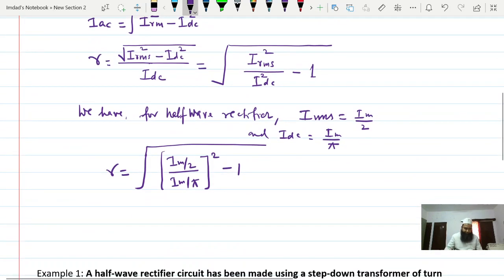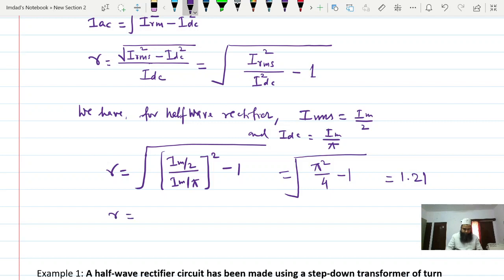This can be written as under root pi square upon 4 minus 1, equal to 1.21.